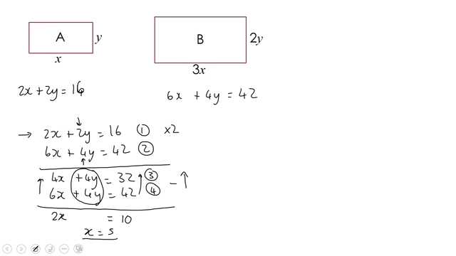Okay, welcome back. I'm now going to use x equals 5 in one of my first two equations. I'm going to pick equation number 1, which looks like this. 2x plus 2y equals 16.